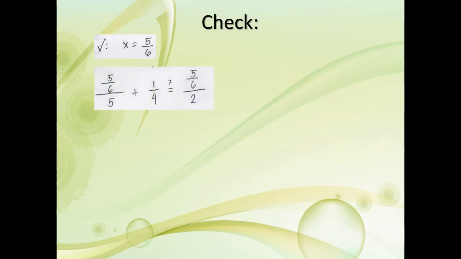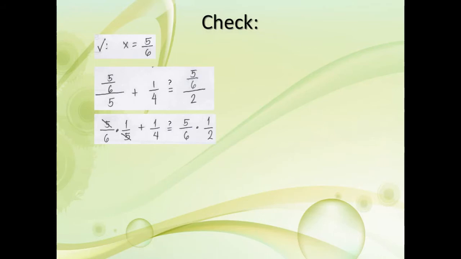Let's check x is equal to 5 over 6. So 5 over 6 over 5 plus 1/4. Is it equal to 5 over 6 over 2? So that becomes 5 over 6 times the reciprocal of 5, which is 1/5, plus 1/4.